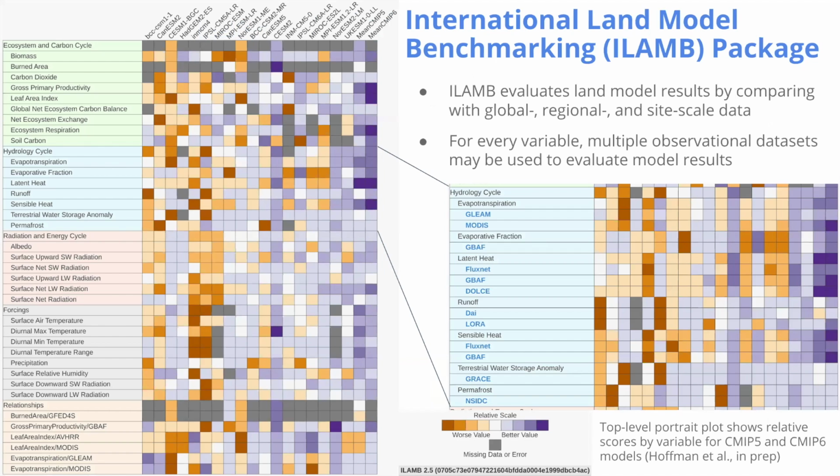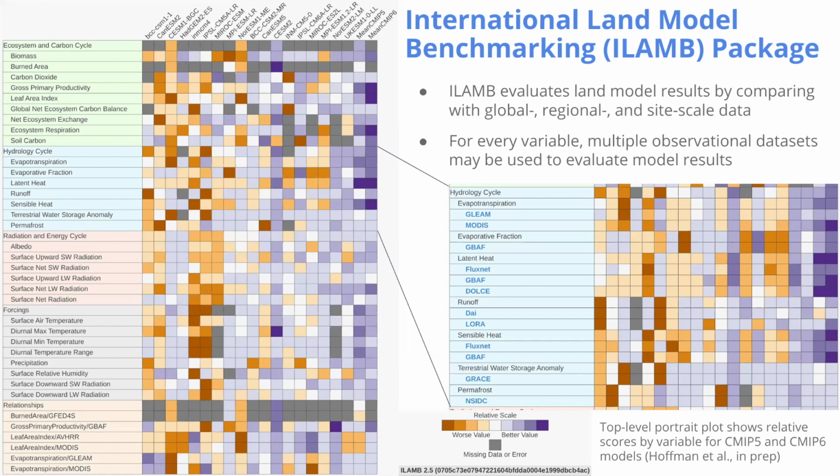This effort centers around this ILAMB package, the International Land Model Benchmarking Package, which we've developed through a DOE, Department of Energy funded activity to evaluate models. What you see here is a whole suite of variables down the left-hand side in the figure, and a whole bunch of models across the top.